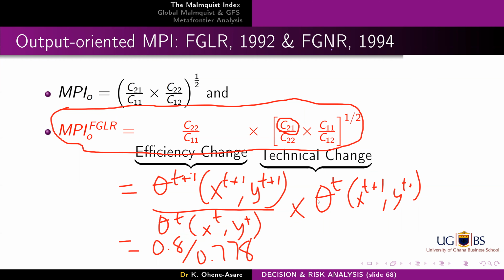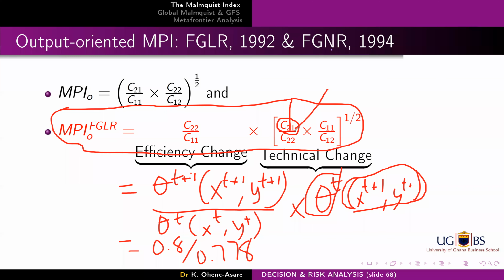So the number 2 that comes first is the one in the bracket, and the 1 is the one outside the bracket. And when you calculate this, it will give you that reciprocal answer directly.